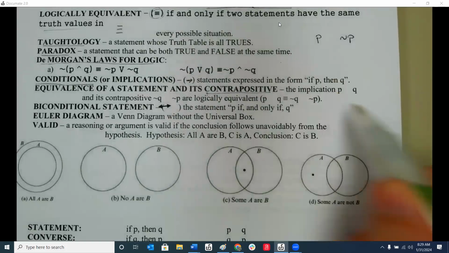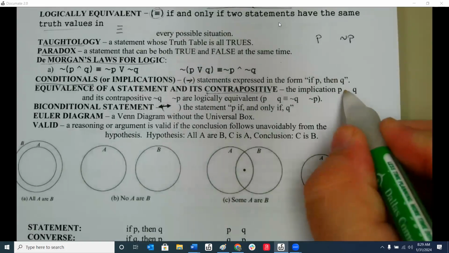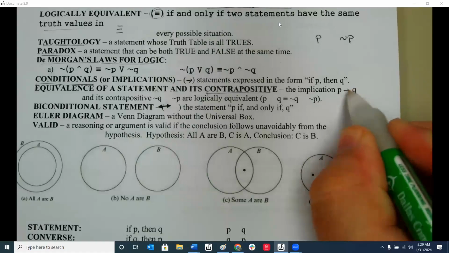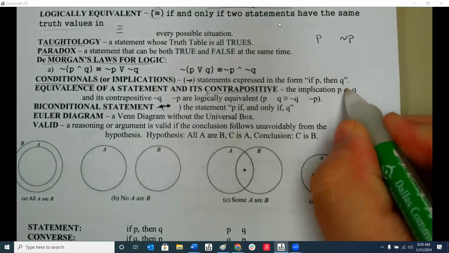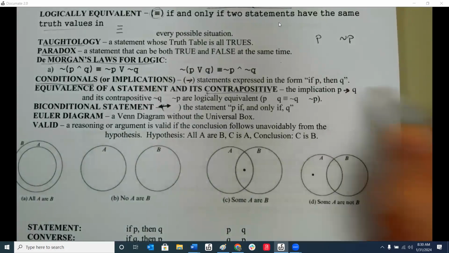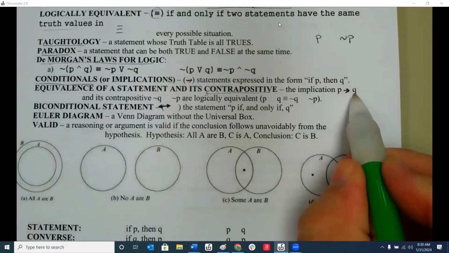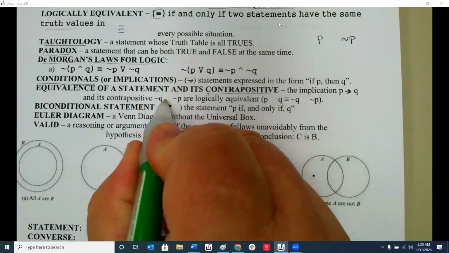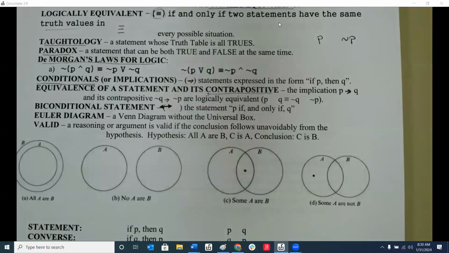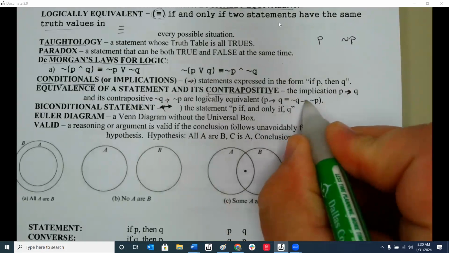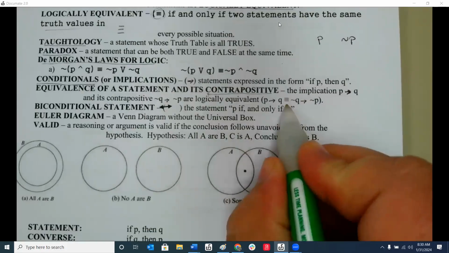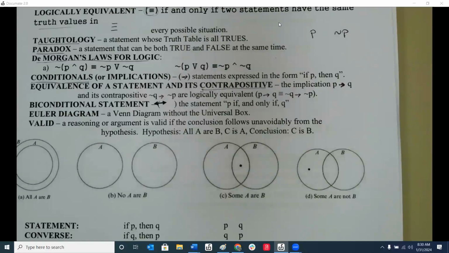The implication P then Q and its contrapositive are logically equivalent. If P then Q is equivalent to if not Q, then not P.